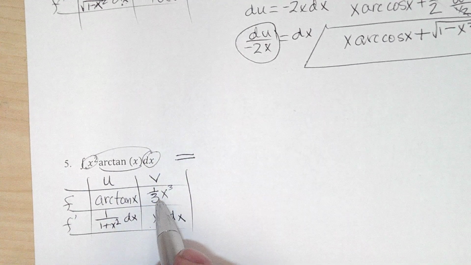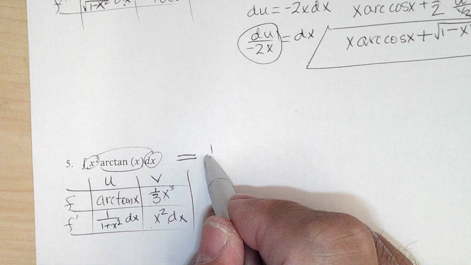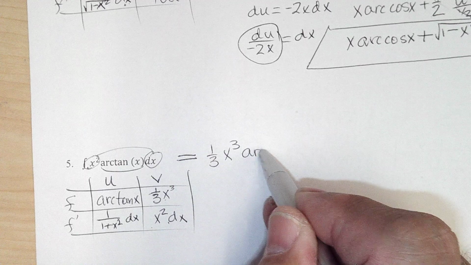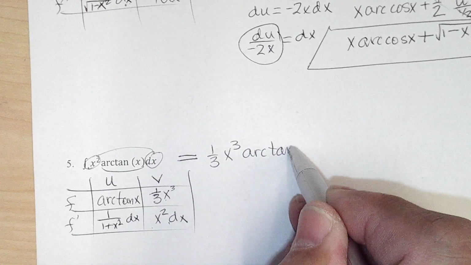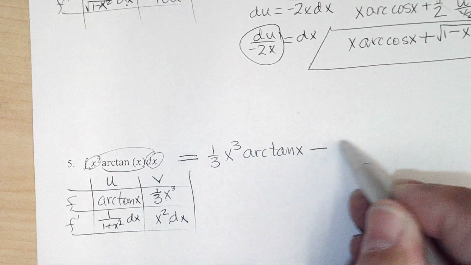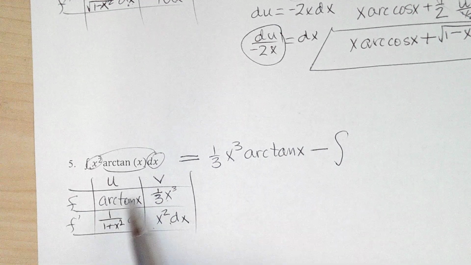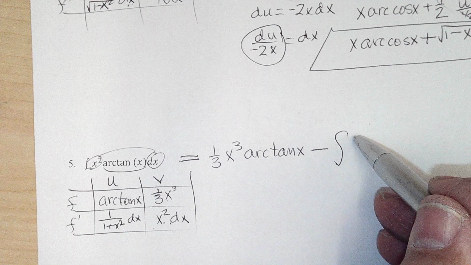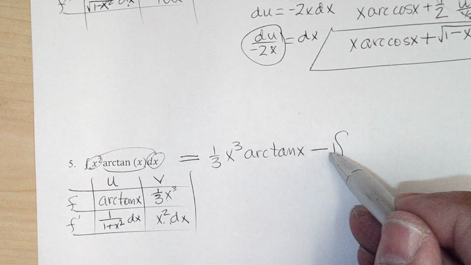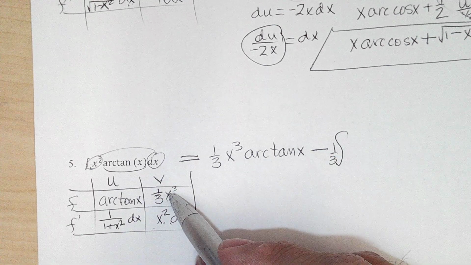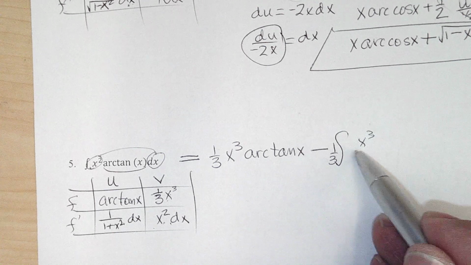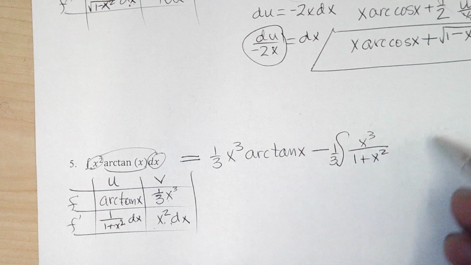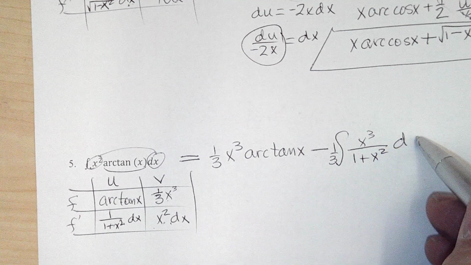So it becomes uv minus the integral of not these two, but these two. 1/3 and x to the third over 1 plus x squared dx.